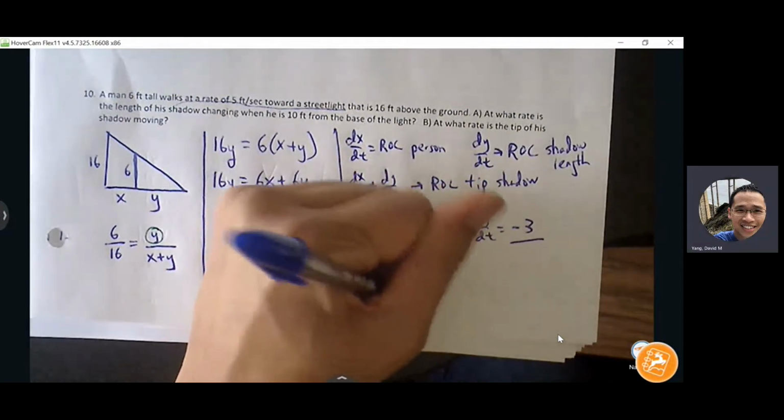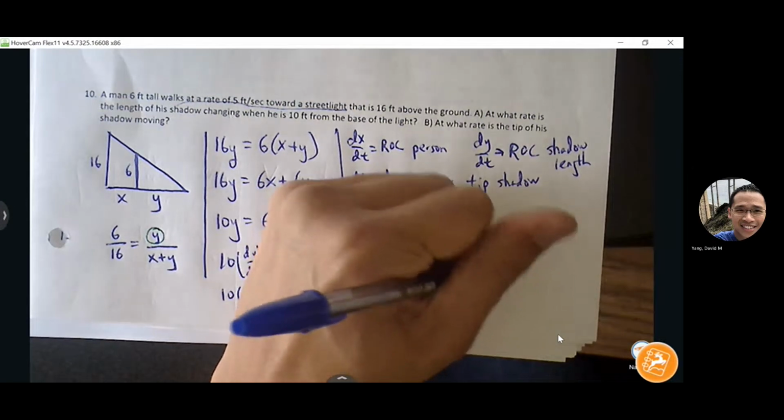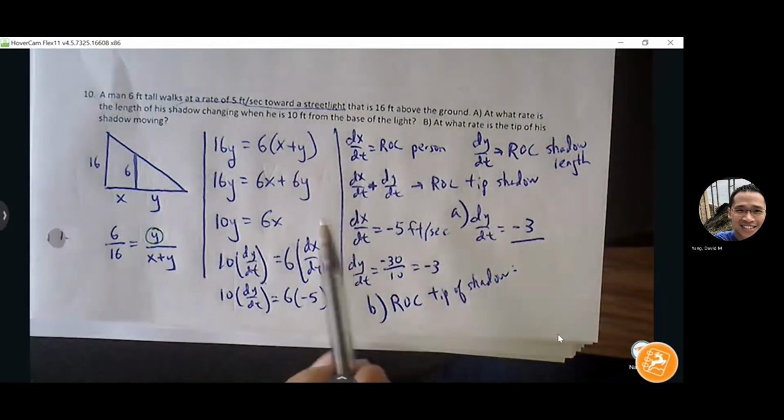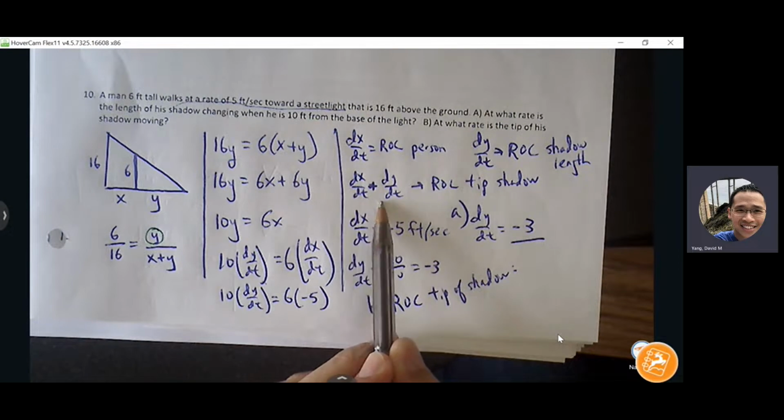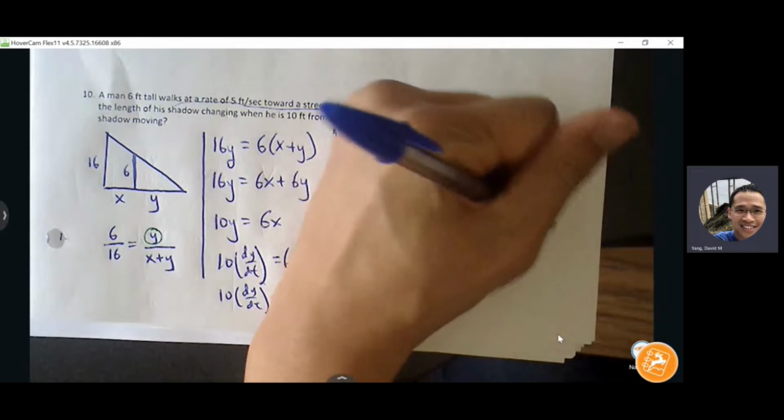Part B, rate of change of the tip of the shadow. dy/dt plus dx/dt. So therefore, what's that going to equal? Negative 8.